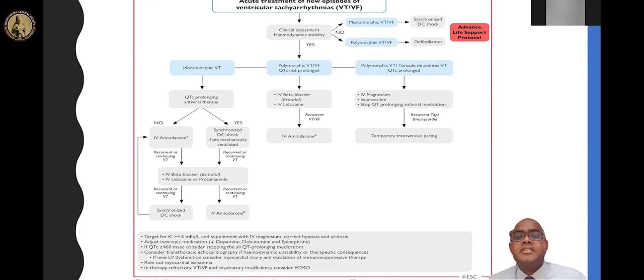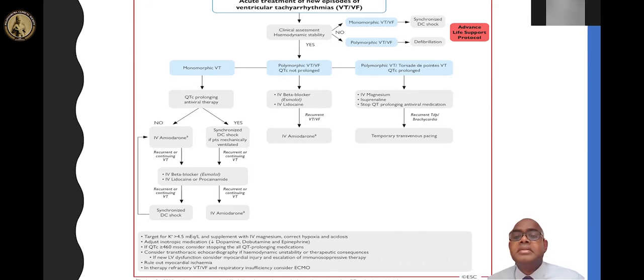But if it is Torsades pointes, IV magnesium, isoprenaline to keep the heart rate up, and stopping QT prolonging drugs are the three most important things. So please remember, Torsades pointes and long QT is an important thing to detect, even in a general practice setting. The treatment options in Torsades pointes are IV magnesium sulfate, increasing the heart rate with isoprenaline, and stopping QT prolonging drugs.